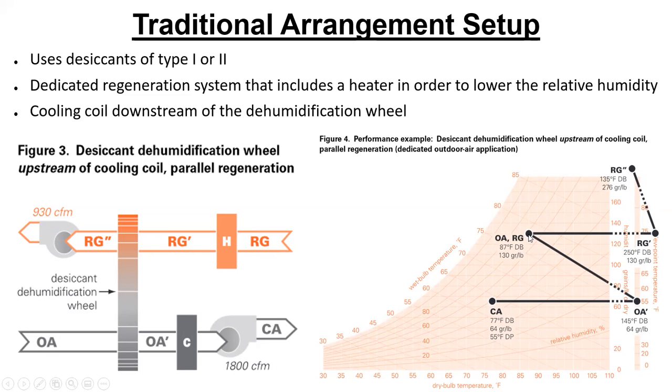So the Psych chart we've been using has pounds of water vapor per pound of dry air. So if you wanted to go back to that Psych chart, you'd have to take 130 and divide by 7,000. And that would give you the correct value to look up in terms of units of pounds of water vapor per pound of dry air.